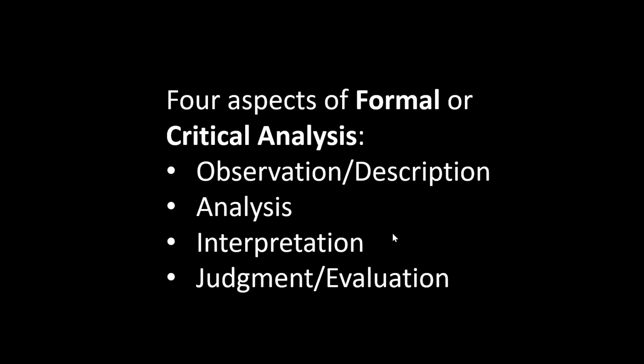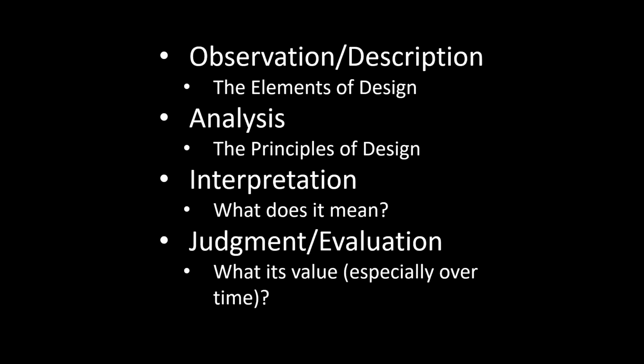So the four aspects of formal or critical analysis are observation and description, analysis, interpretation, and finally judgment or evaluation, the latter being an evaluation of the quality of the work of art.